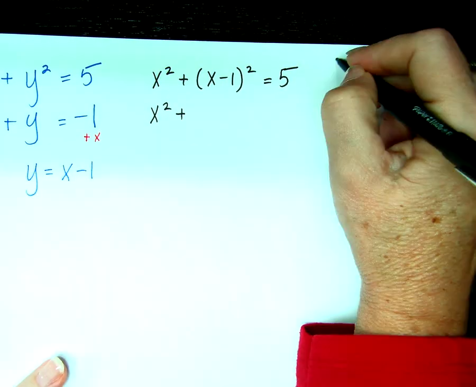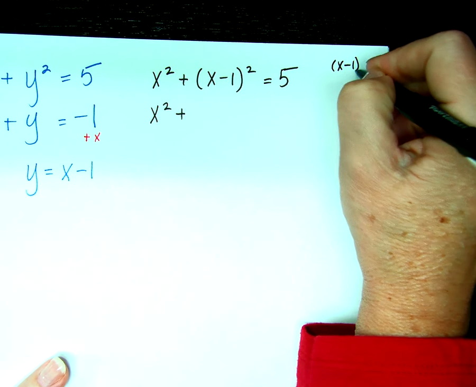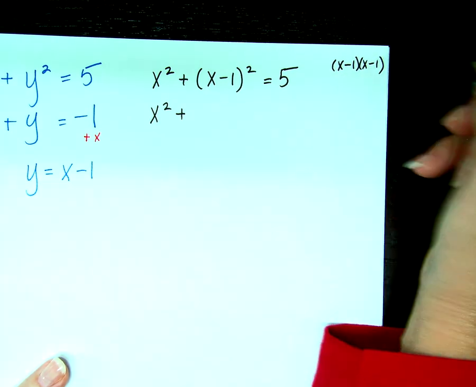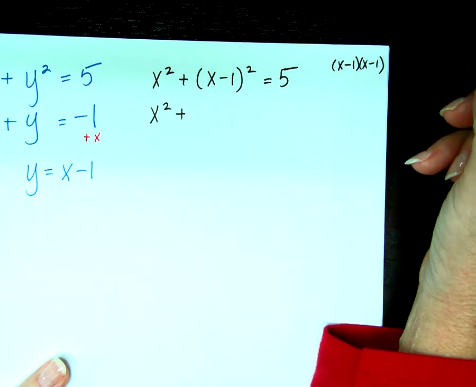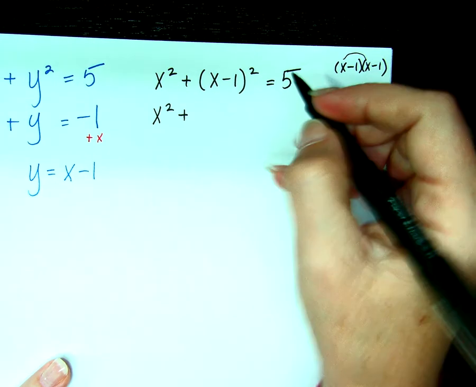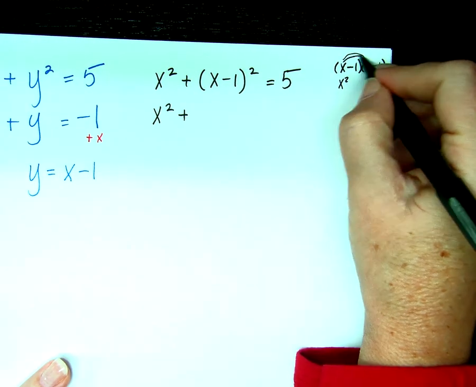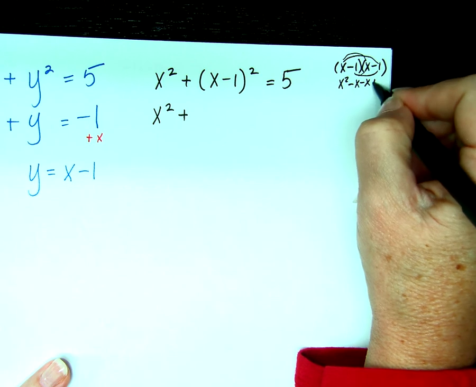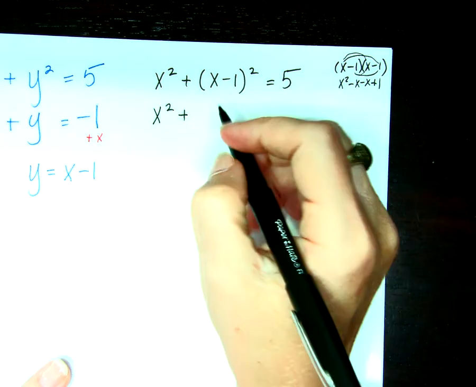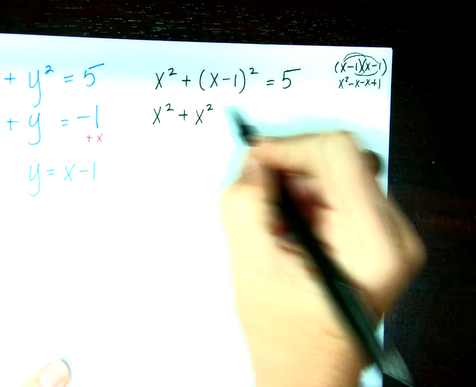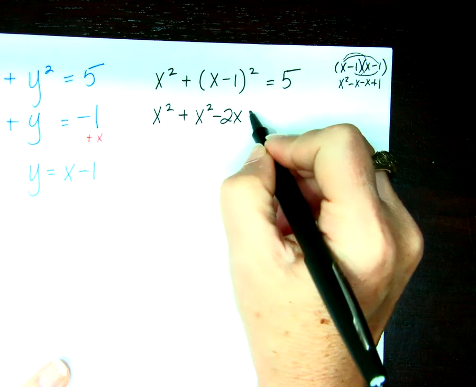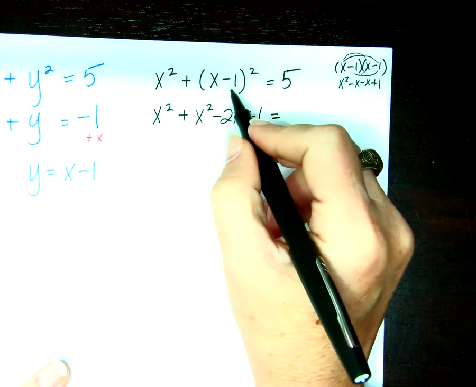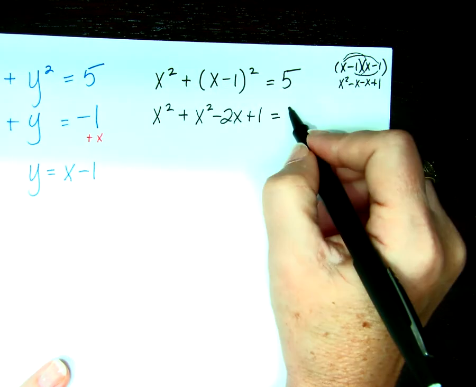Multiply it by itself, which means I have x minus 1 times x minus 1. And what do I have to do? Distribute. X squared minus x minus x plus 1. X squared minus 2x plus 1 is what x minus 1 squared equals.